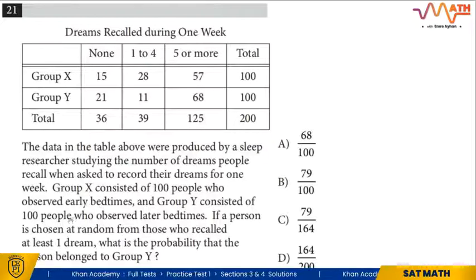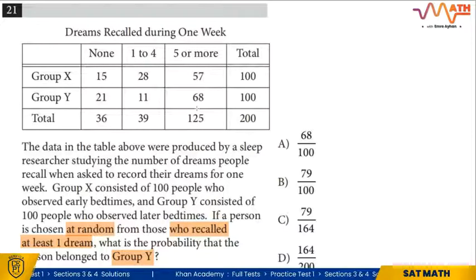So this is important. The person is chosen at random. We talked about this before. So when you choose, and this is important, at least one dream. This person must be selected from those who recalled at least one dream. So non-dreamers are not going to be counted. What is the probability that the person belongs to Group Y?